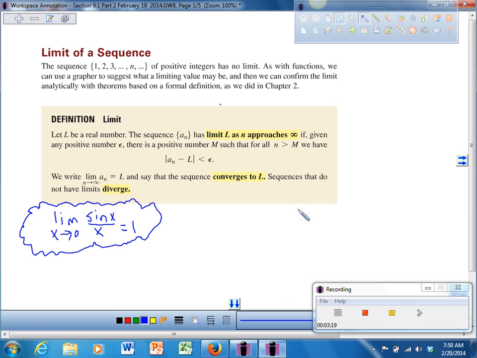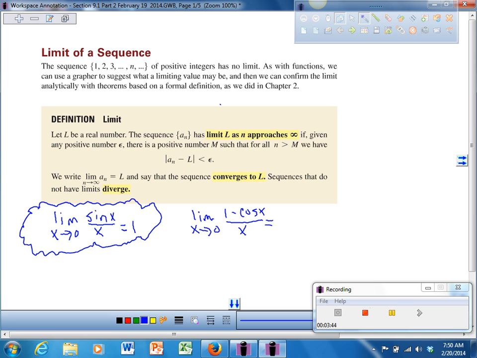Correct. Yep. The second special limit that shows up and can be very useful is that one. Have you seen that one? 1 minus cosine x over x. Less familiar.